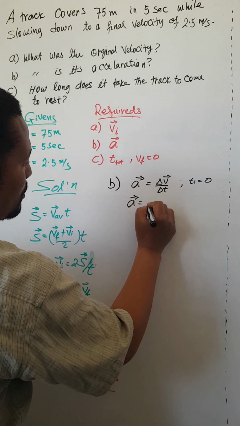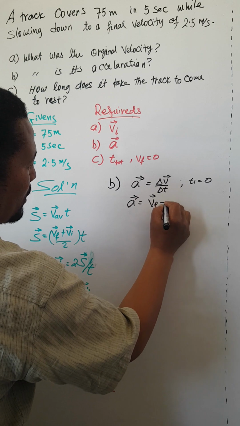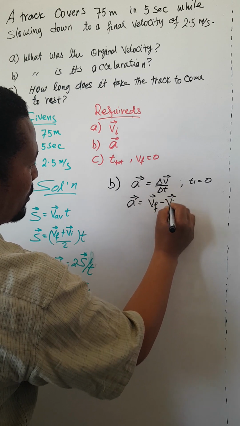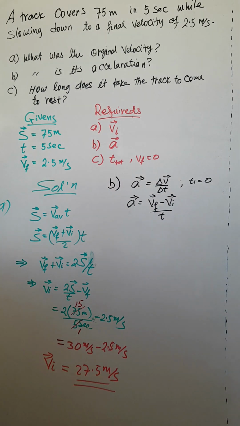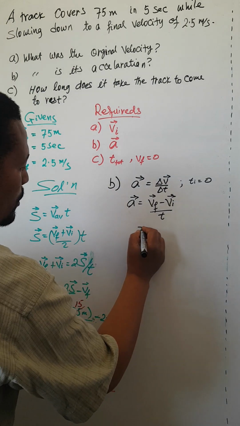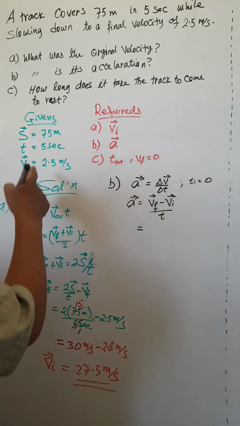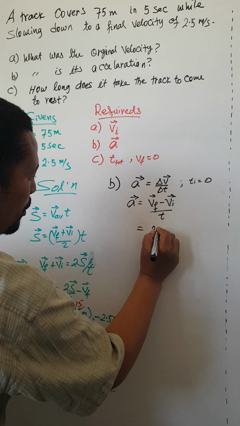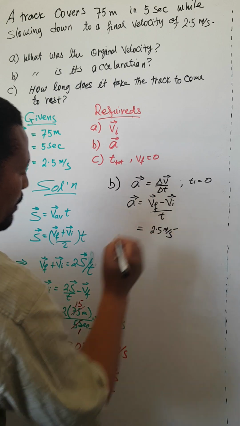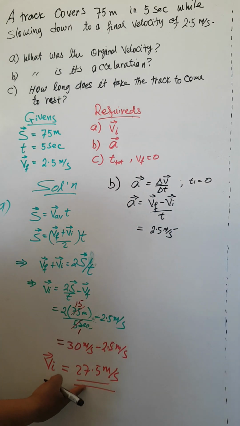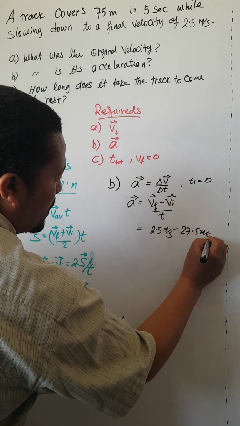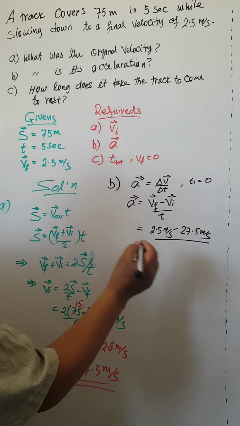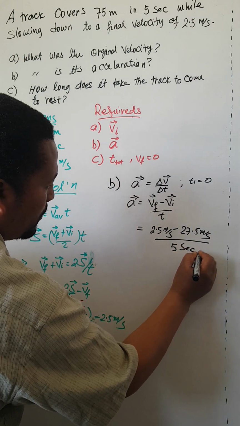Acceleration is equal to v final minus v initial divided by the change in t, which is tf minus ti. This is equal to the final velocity of the truck, 2.5 meters per second, minus the original velocity, found to be 27.5 meters per second, over the time taken for this motion, 5 seconds.